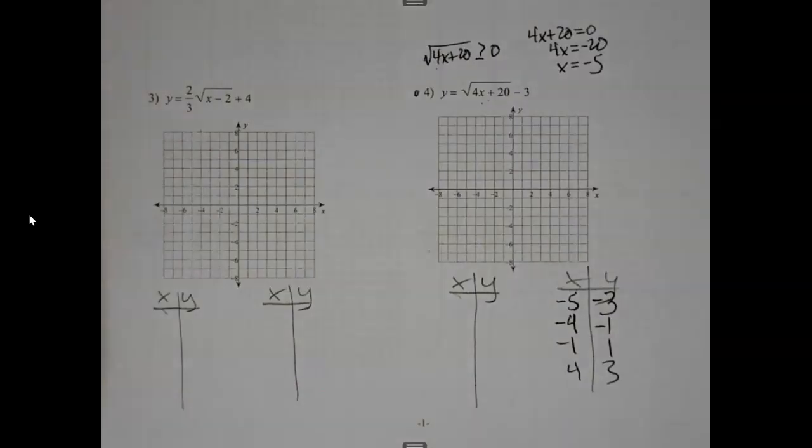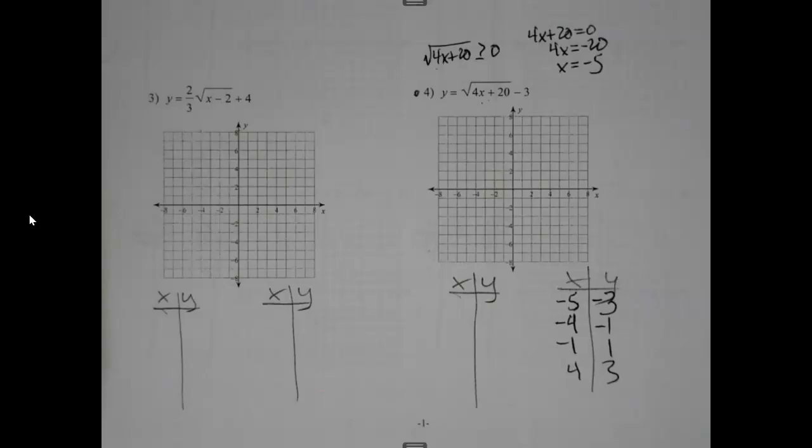So sometime, let's say you don't have a calculator available, I can't do any of these. The whole reason we always use 0, 1, 4, and 9 is they're perfect squares. They're going to break down nice. -5 broke down nice. It gave me 0. So next, -4, 4 times -4 would be -16 plus 20 is 4, a perfect square. -1, 4 times -1 is -4 plus 20 is 16, a perfect square.